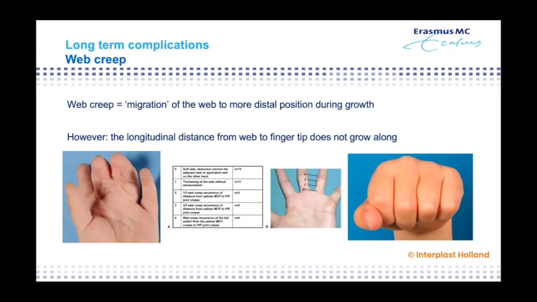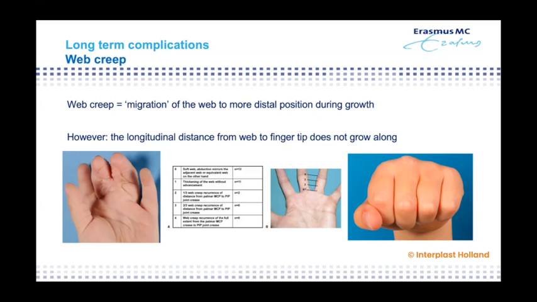If you look at the web creep, it's the migration of the web more distal during growth, and actually the web doesn't creep, but the scar on the lateral sides of the finger has a certain length, and during growth, if that length is still similar, so if you've got a linear scar or hardly any Z-plasties, the length will be the same, but the finger will be longer.